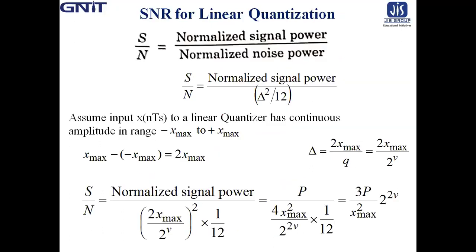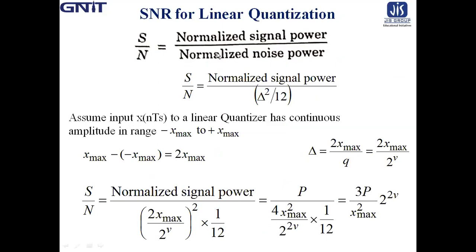Next is the signal to quantization noise ratio for linear quantization. How can one calculate the SNR, signal to noise ratio? Noise here means only the quantization noise. So SNR, S by N, is the normalized signal power divided by the normalized noise power.